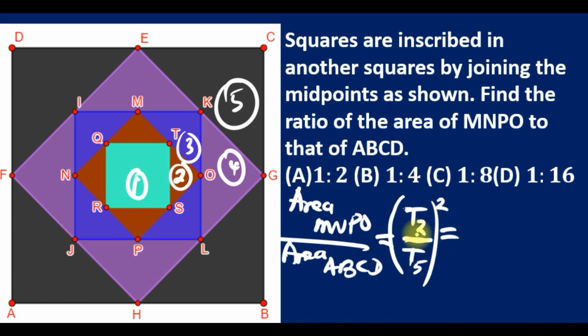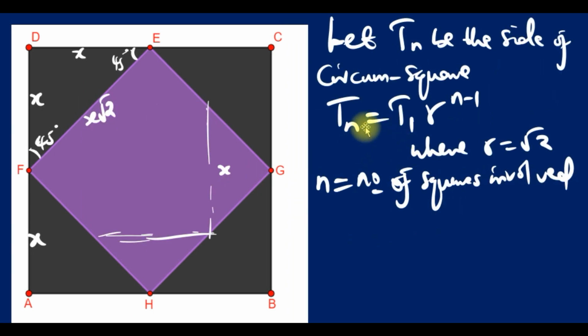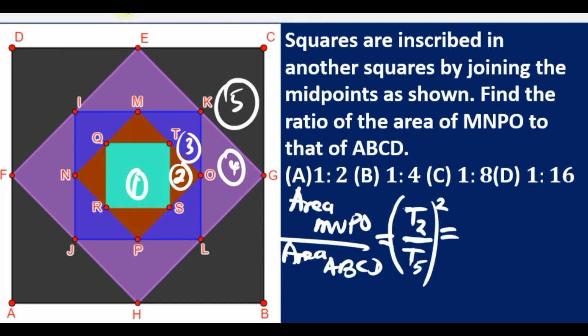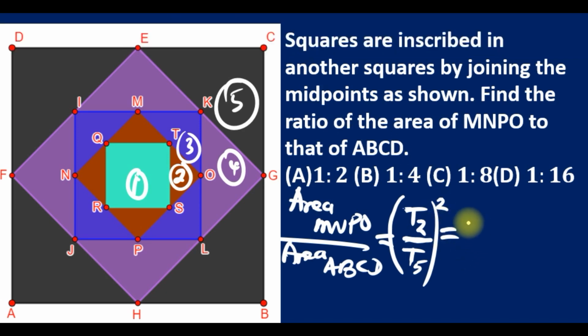And remember our geometric progression like this. So when n is 2, this is T1 R over T1 R raised to the power 4, squared.